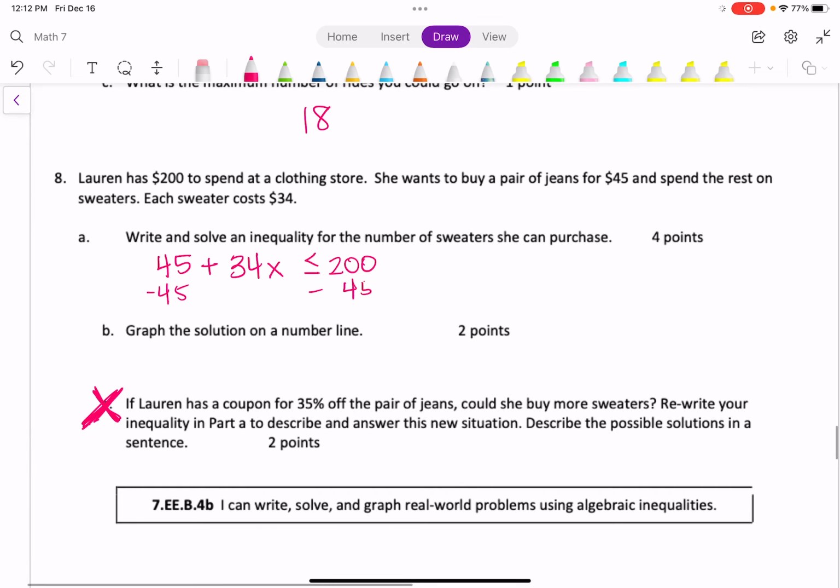So I subtract 45. I'm just going to rewrite it up there. 200 minus 45 divided by 34.